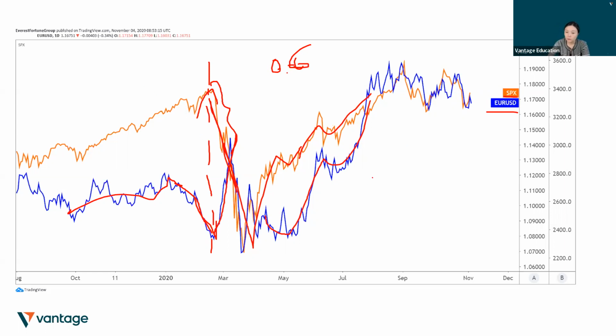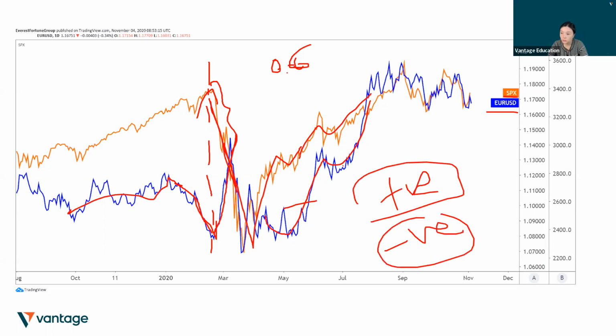Right. So I hope that you guys actually know how to differentiate a positive and a negatively correlated. This is not difficult to understand. So positive means they move exactly the same way. Negative means they move in the opposite direction. So positive is parallel. Negative means opposite.